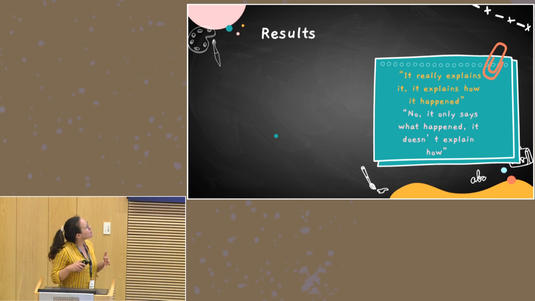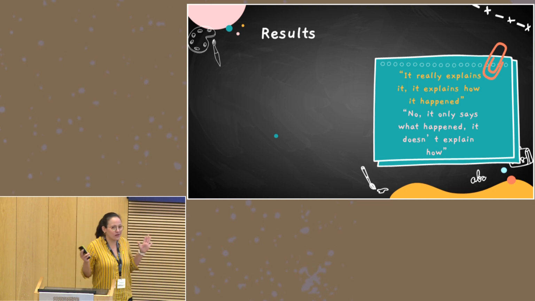This explanation, it really explains it. It explains how it happened. And vice versa, when they rejected the non-mechanistic explanation, they said, no, it only says what happened. It doesn't explain it.